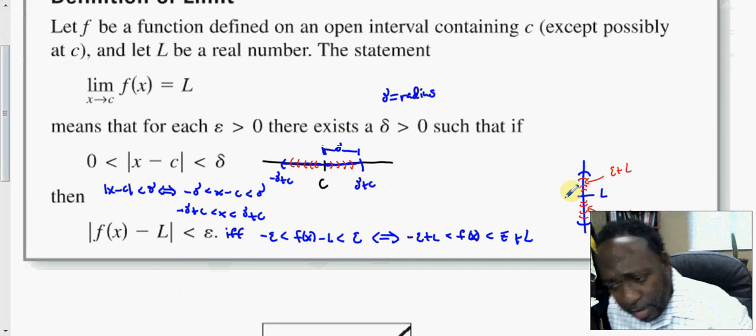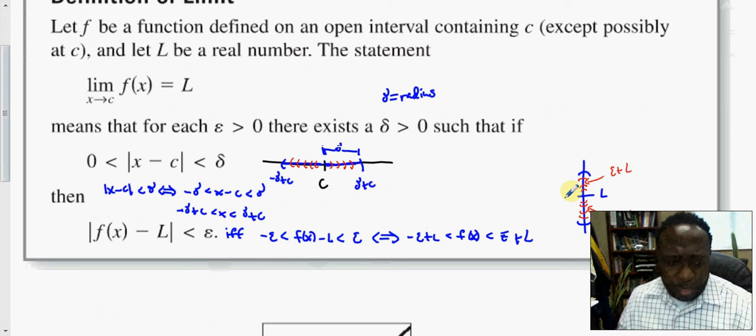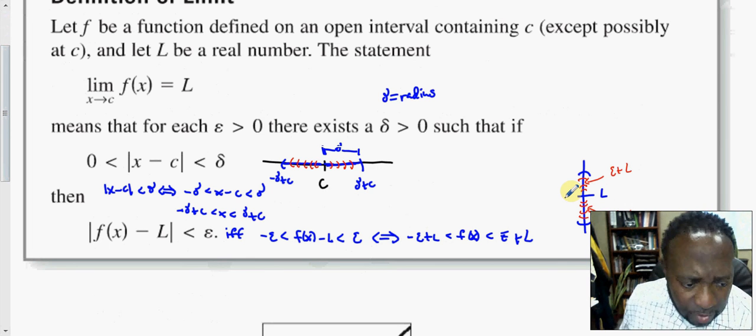And so that we want to get as close as possible to the limit. Well, how are we getting there? We're choosing these so-called function values, right?